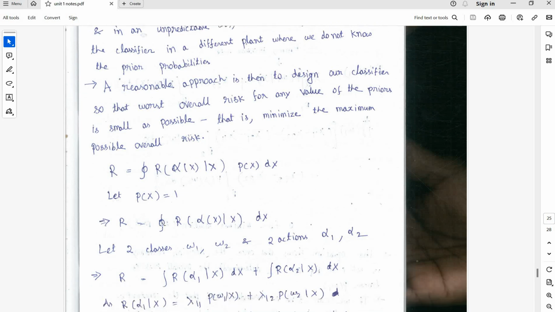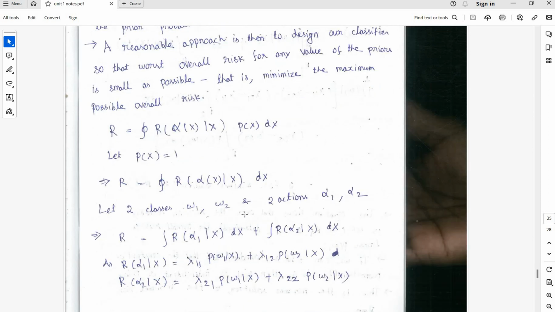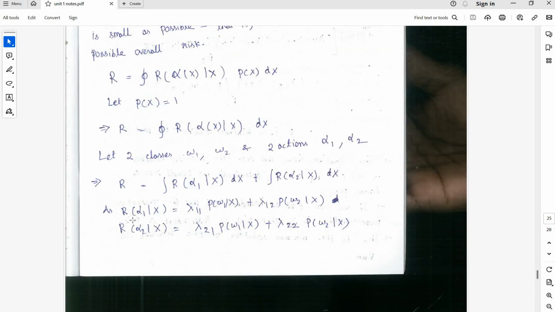When p of x is 1, we rewrite the equation, and for two classes w1 and w2 and two corresponding actions alpha 1 and alpha 2, R is the integral of R of alpha 1 given x dx plus R of alpha 2 given x dx. So it is the same equation we had in the last one.